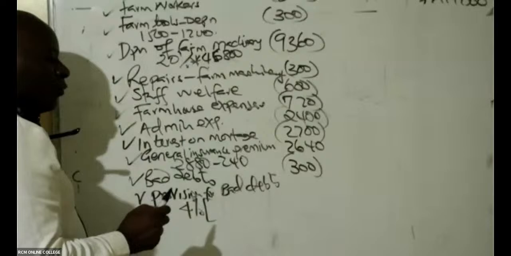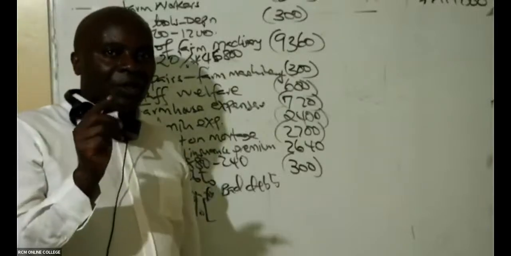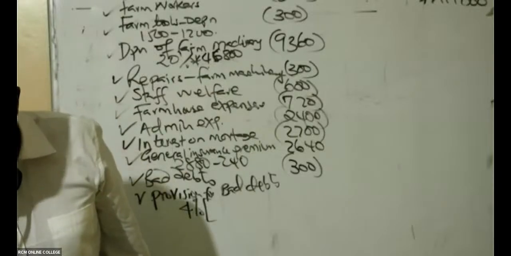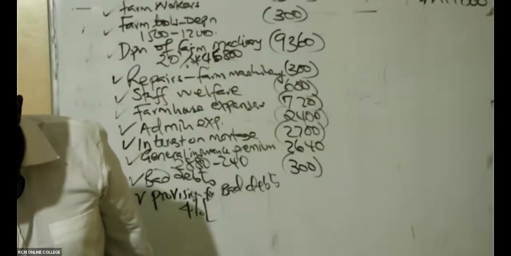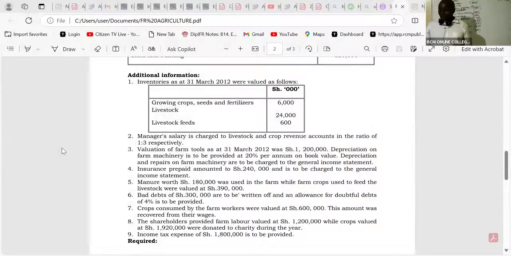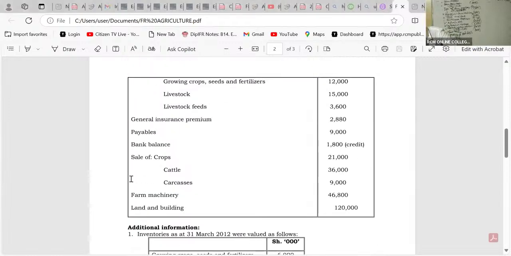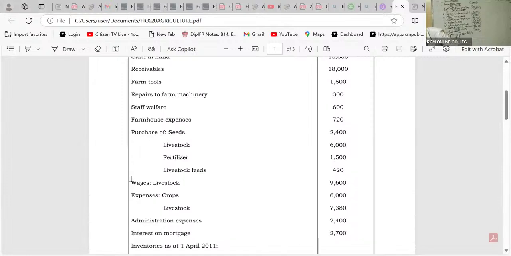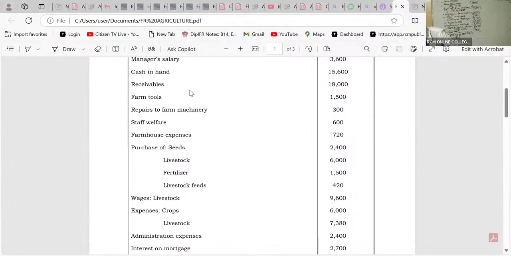Remember, we do the provision for bad debts on the company's receivables. If you look here, you're able to see the receivables of the farm. Receivables, we can see a figure of 18,000.